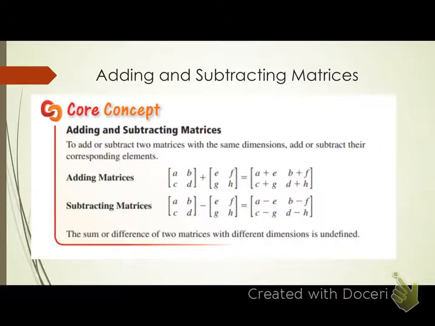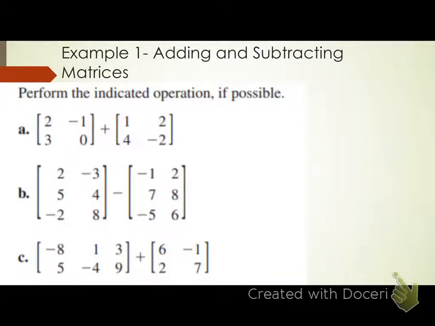So let's jump into some examples of adding and subtracting matrices. So letter A, we've got the matrix 2, negative 1, 3, 0, plus the matrix 1, 2, 4, negative 2. So I'm going to do just like the previous slide said to do. I'm going to add corresponding elements in the matrix. So this 2 and this 1 correspond together. So I'm going to do 2 plus 1 in that position in my new matrix.